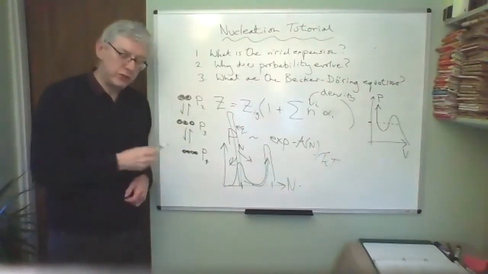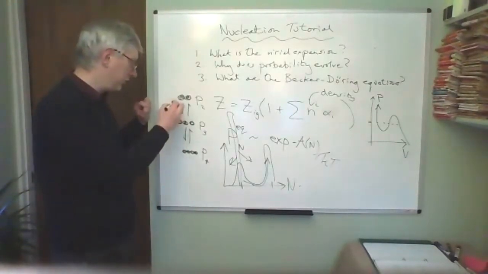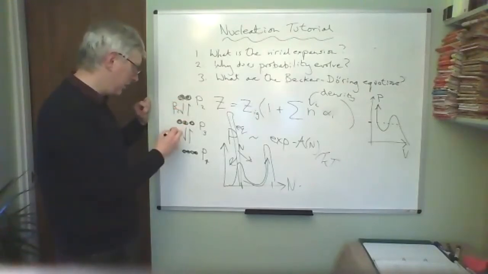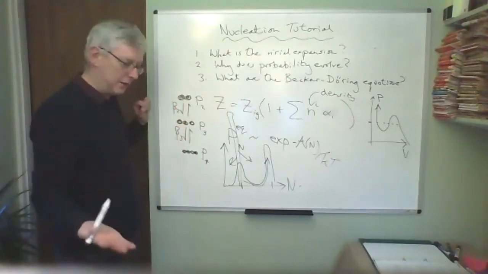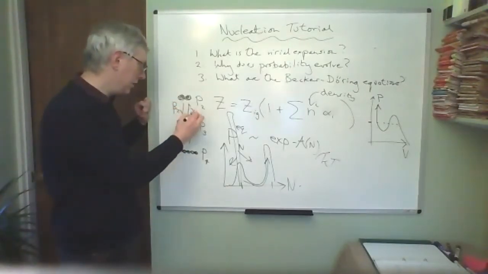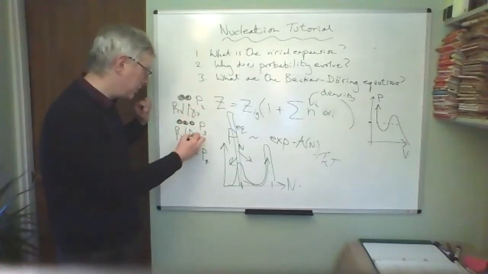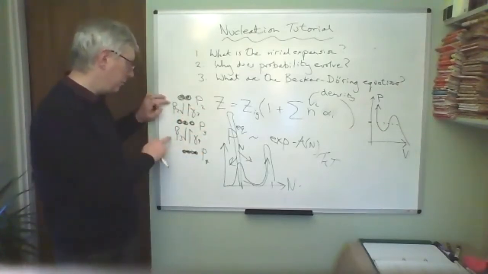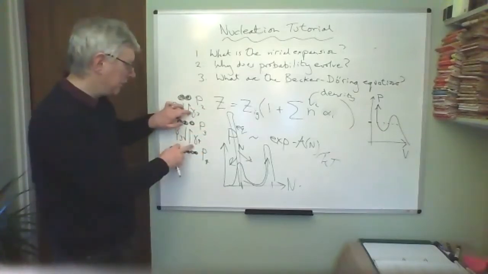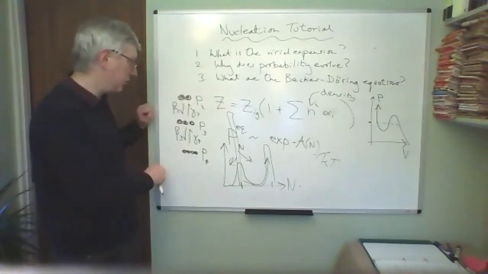And there are rates of change between the cluster sizes. This is beta 2, this is beta 3. These are coefficients in the Becker-Doering equations, gamma 3 and gamma 4. Beta are growth rates, gamma are decay rates or evaporation rates.